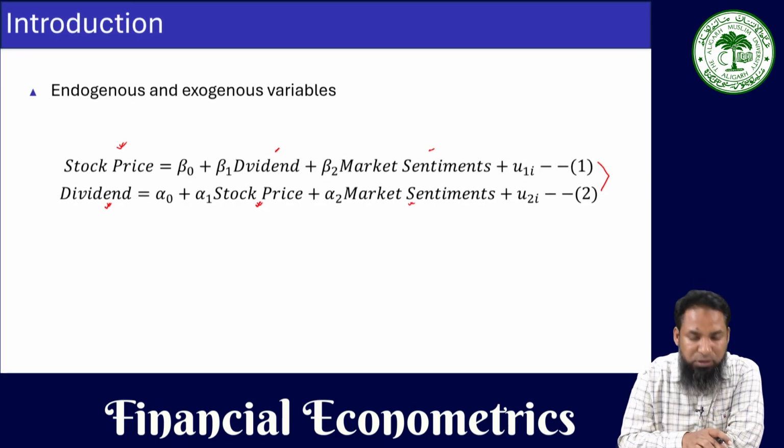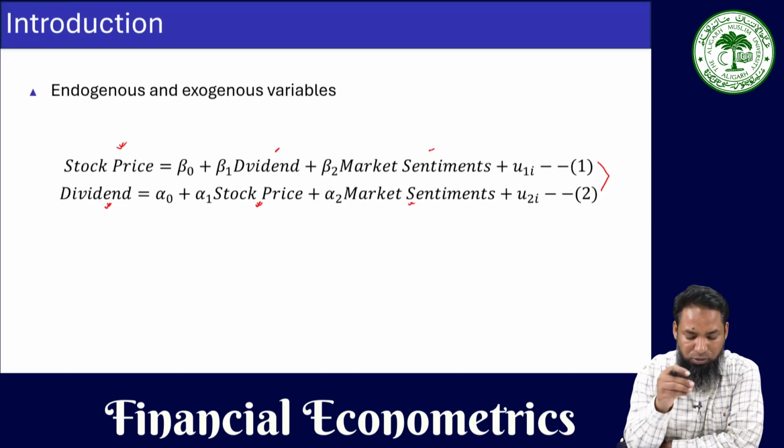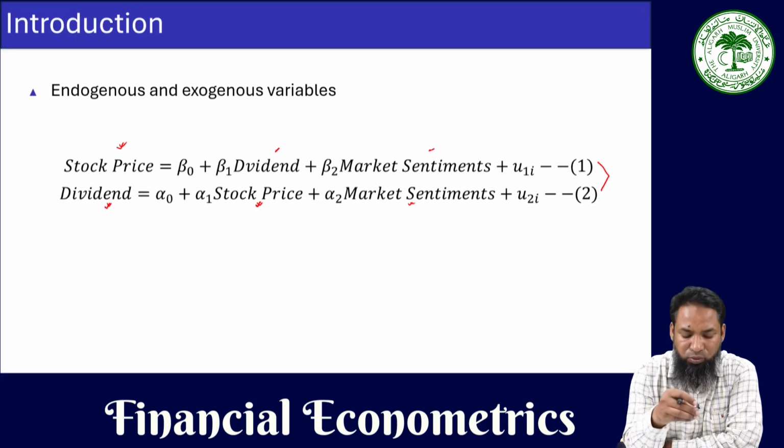That means both the stock prices and the dividend are being determined within this system of equations. Any variable which we determine within this particular system of equations is known as an endogenous variable.